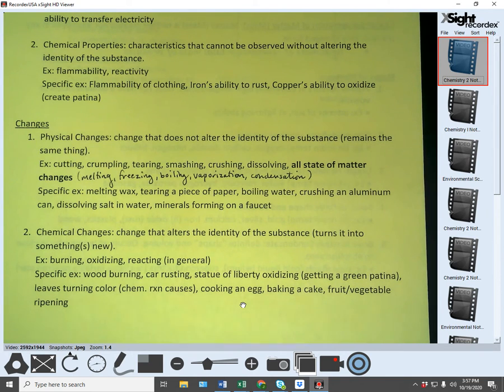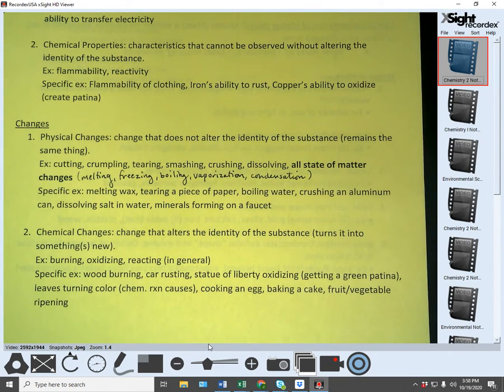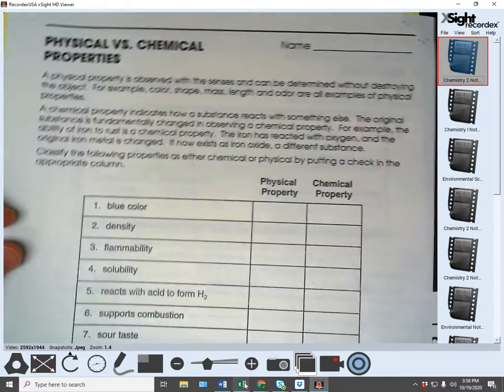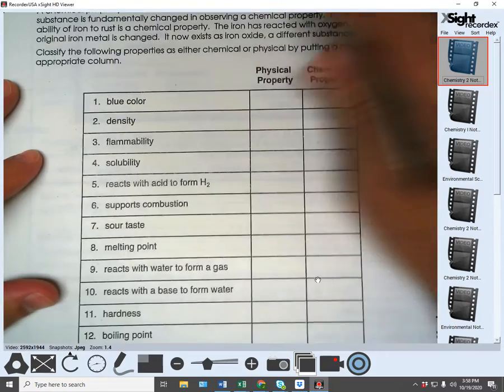All right. Okay, that's where we're going to stop for this lecture. Actually, you know what? Really quickly, I'm going to also walk through the homework, because I did this in class as well. For the physical versus chemical property page, all you're going to be doing is going down here, and if it's a physical property, you mark that.